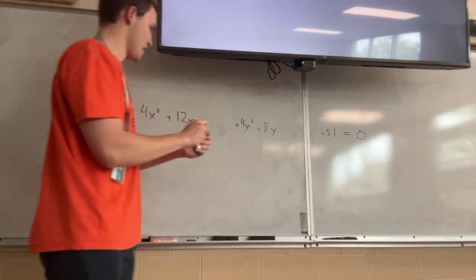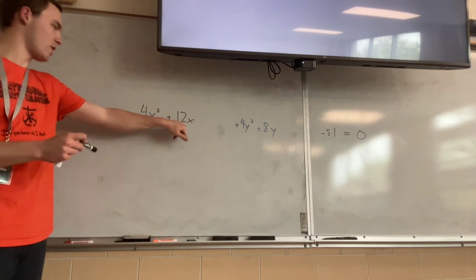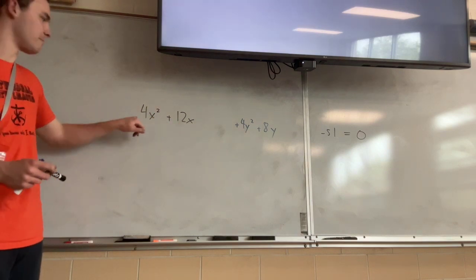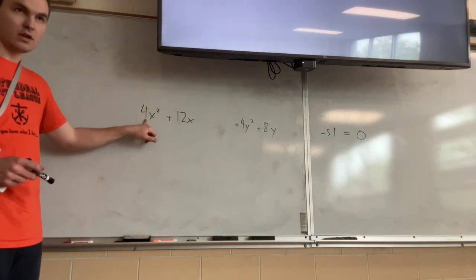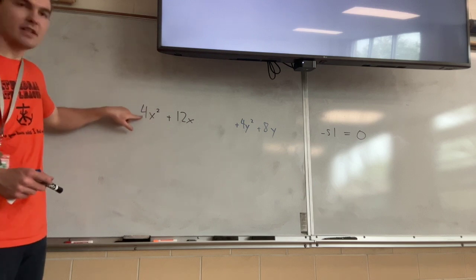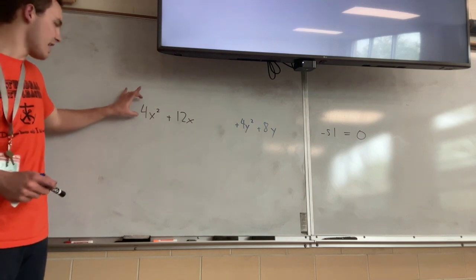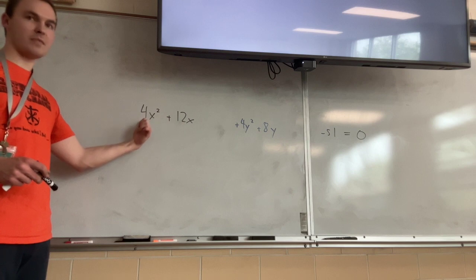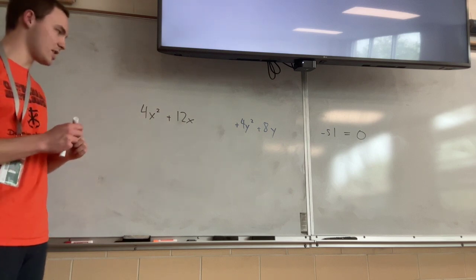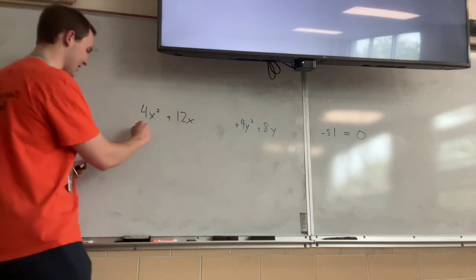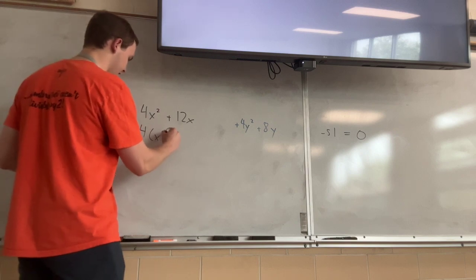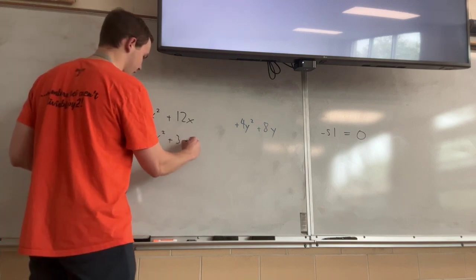Okay. So I'm going to complete the square here. What do I need to do, though? What's the pain in the butt here? The lead coefficient here has to be 1, right? So what do we do? Factor. 4 times x squared plus 3x.